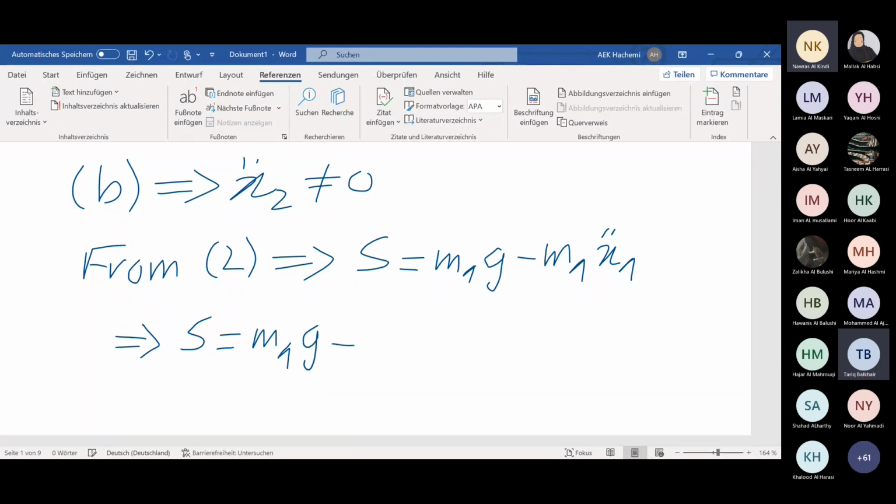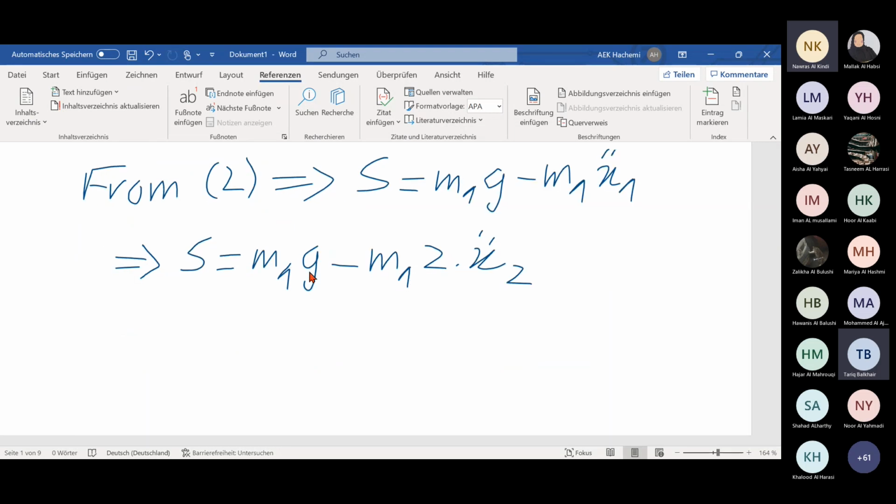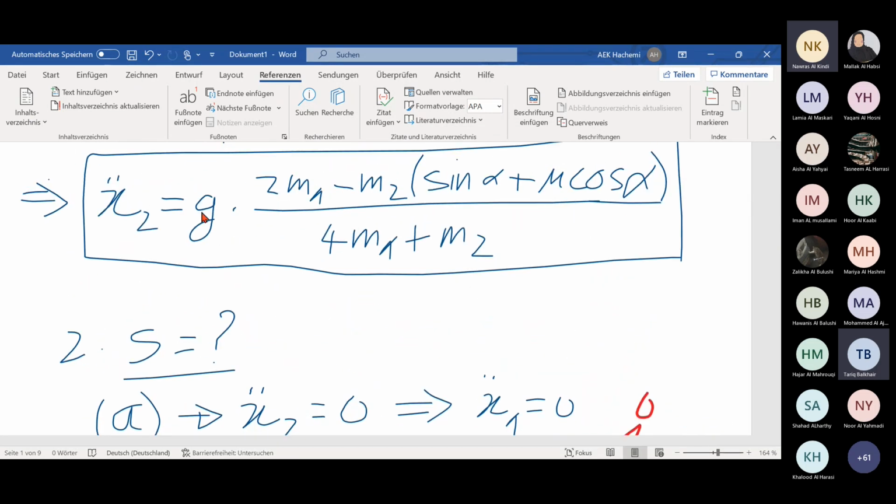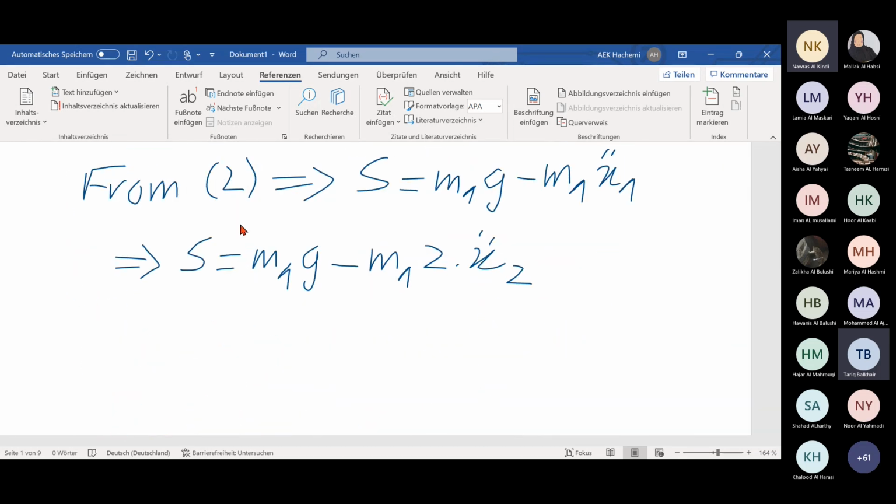and we replace x dot dot 1 by the expression here as a relationship with x dot dot 2. Then we have M1 2 times x dot dot 2. And we have already the expression of x dot dot 2 given by this equation here. We have to substitute.